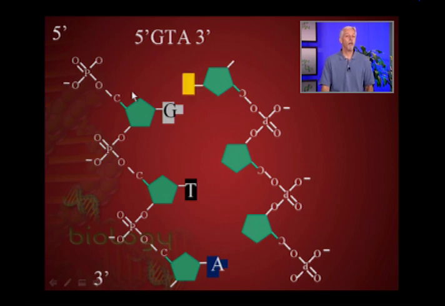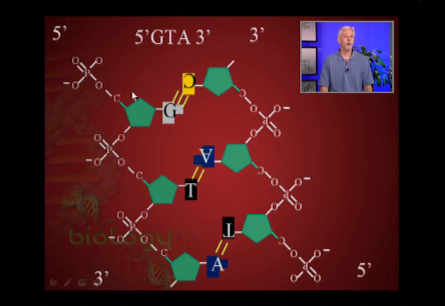Again, opposite guanine, you'll always have cytosine. Opposite thymine, you'll always have adenine. Opposite adenine, you'll always have thymine. And so then you can go ahead and put in your letters. And then last but not least, just indicating hydrogen bonds. So guanine and cytosine form 3 hydrogen bonds. Adenine and thymine form 2. And then also be sure to indicate 3' and 5' ends there.